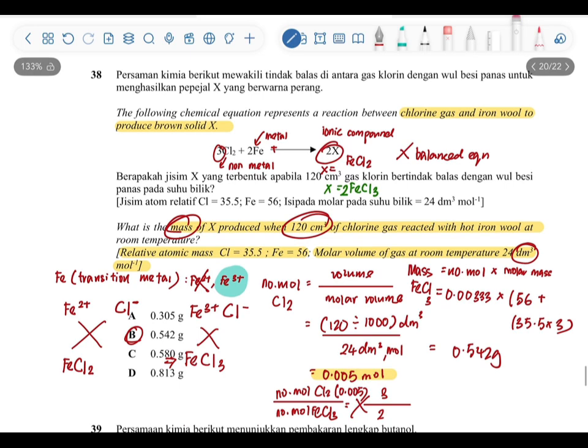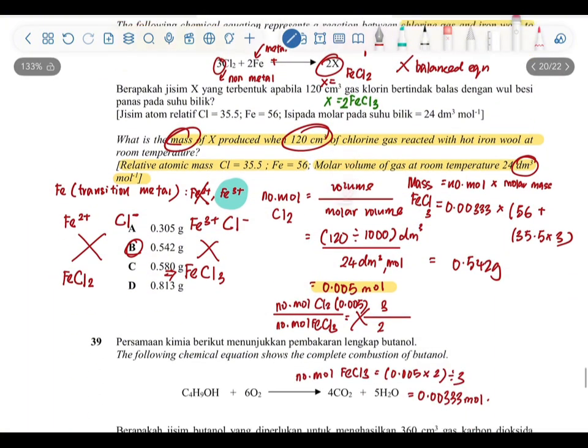So, okay, we know that the number of mole for Cl2 is 0.005, and from this balanced equation, we know that the stoichiometric coefficient for Cl2 is 3, to 2 FeCl3.